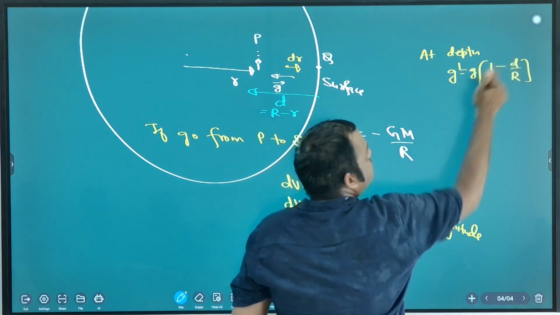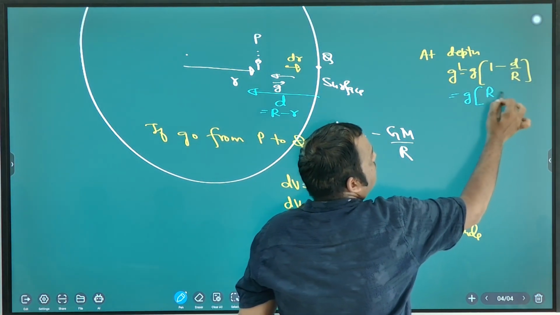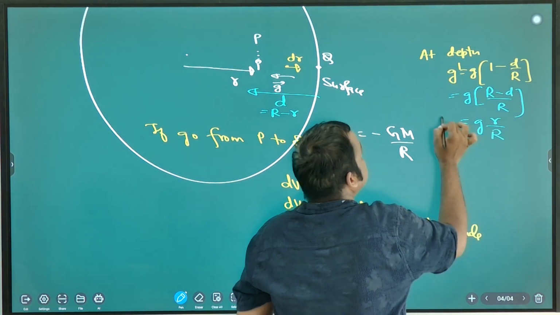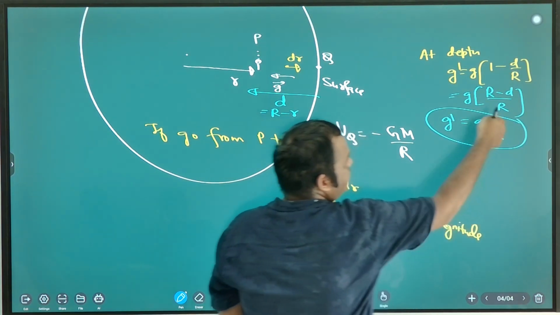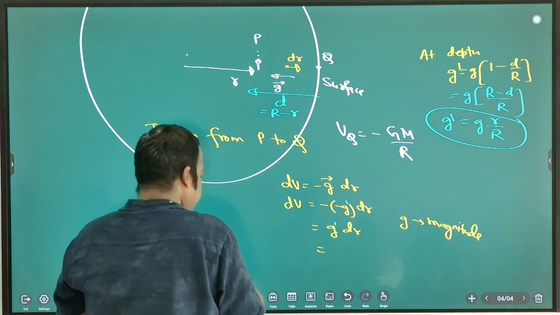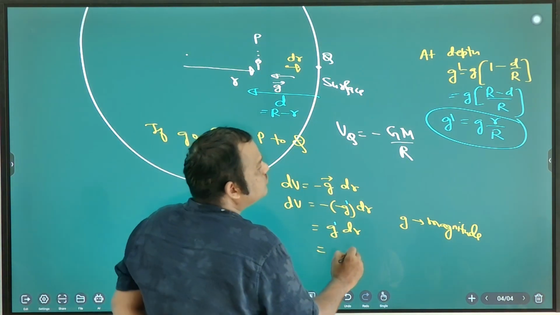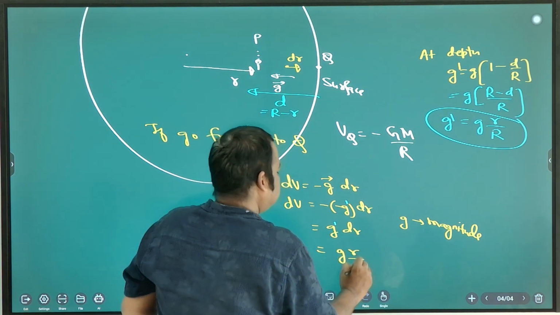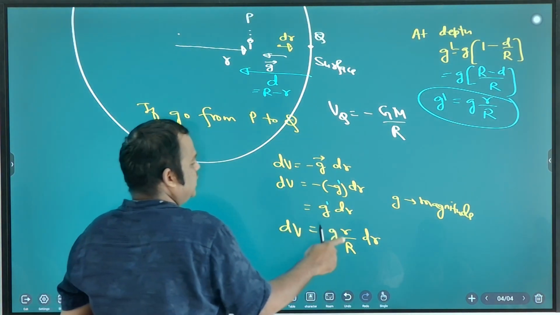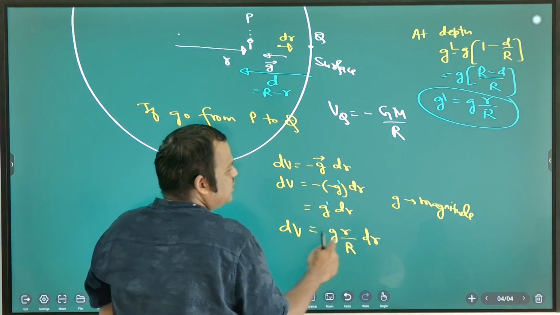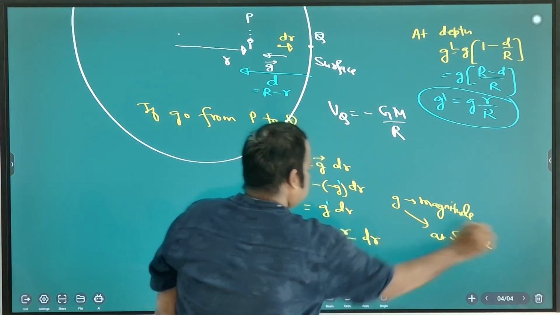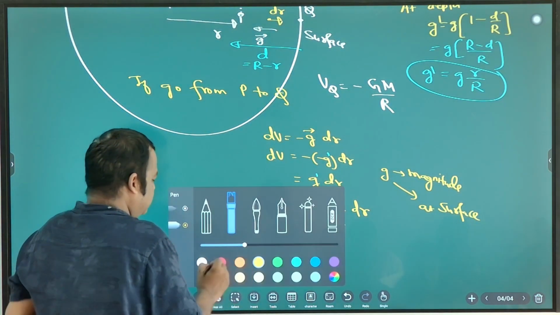So put here g' is g times (R minus d) by R. R minus d is small r, so g' is g into r by R. So dV is equal to g r by R dr, where g is the gravity on the surface. Now you integrate it.